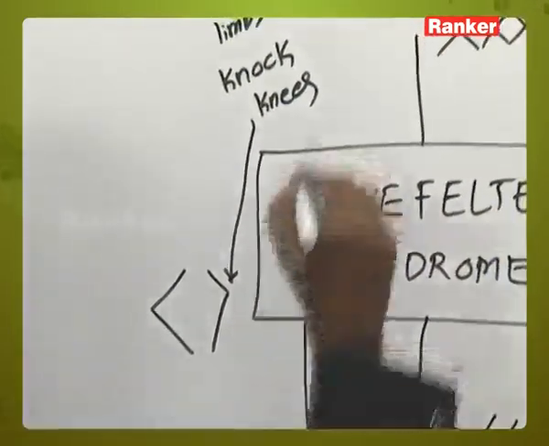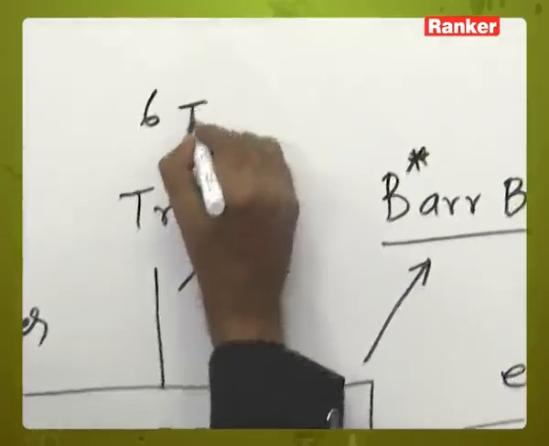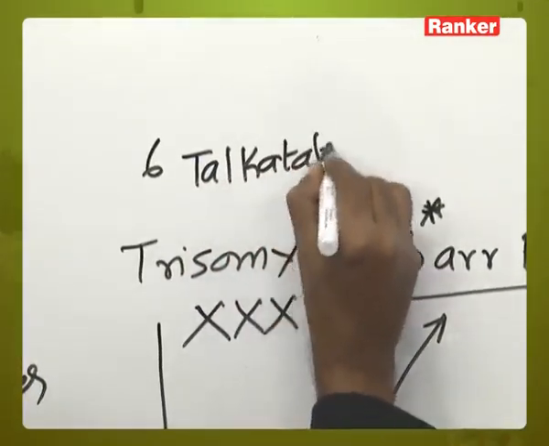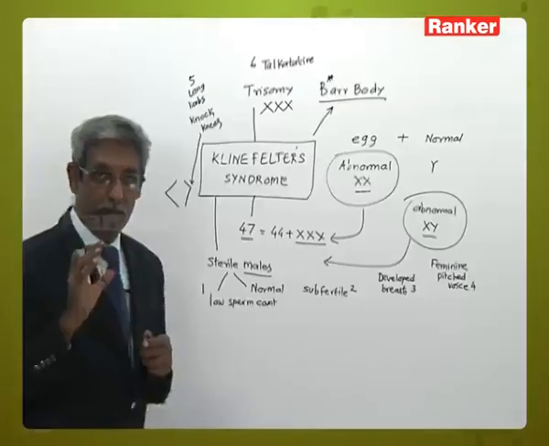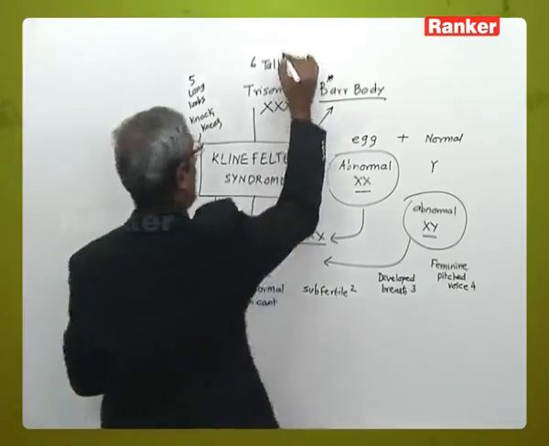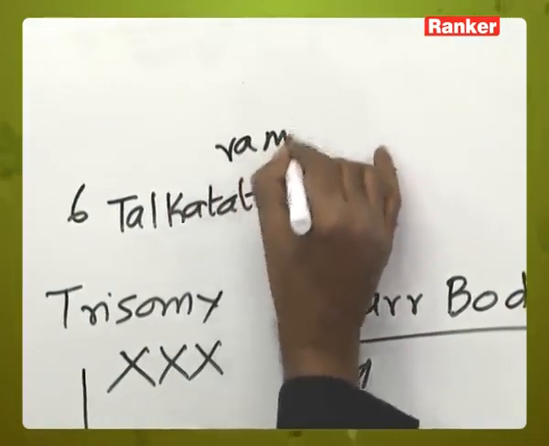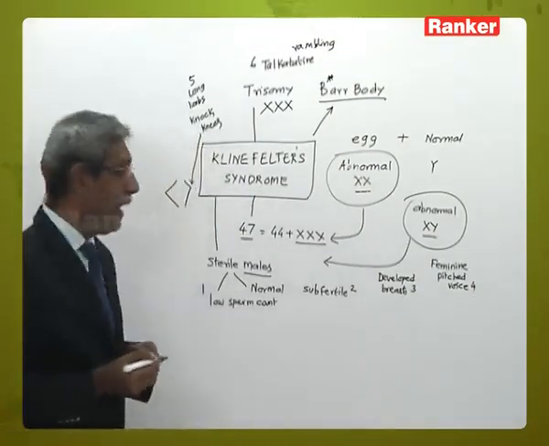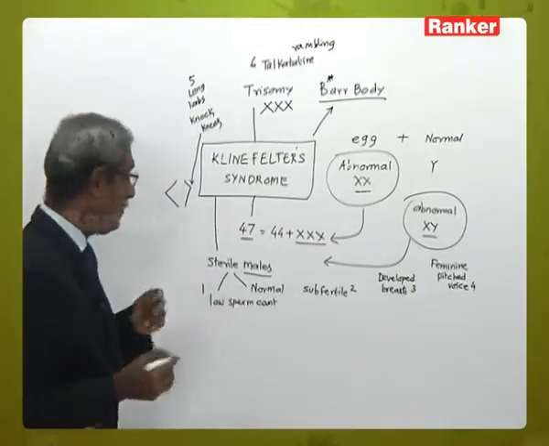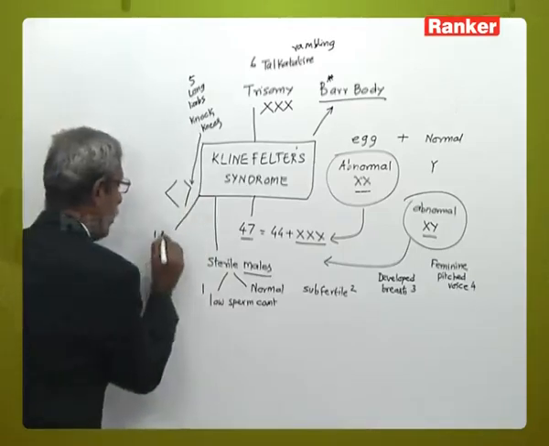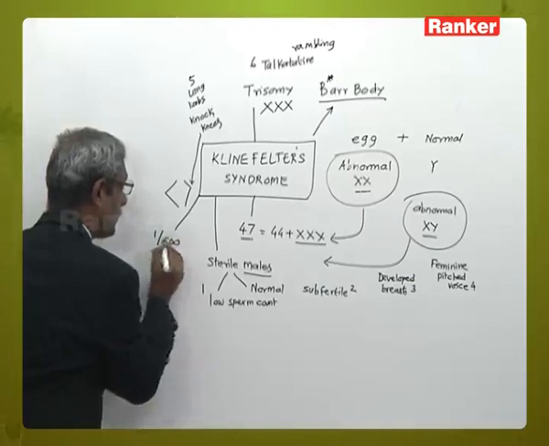And they have a rambling, talkative nature; the words which they speak are odd. So it is a sort of syndrome which shows a rambling talkative nature. And the probability of occurrence of Klinefelter syndrome in a normal population is 1 in 500.